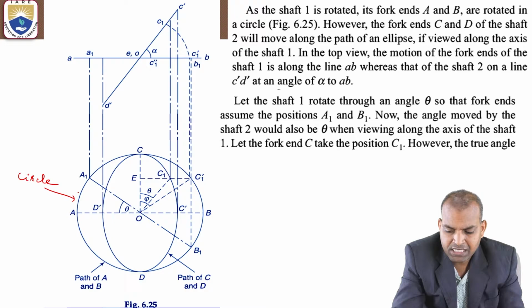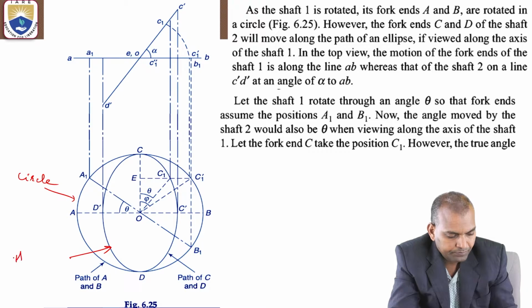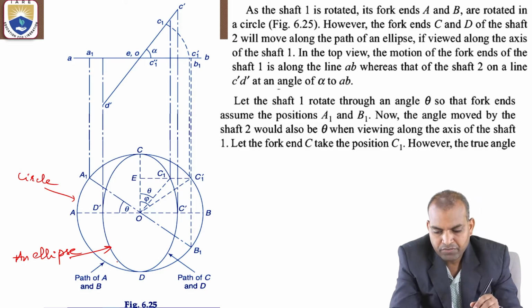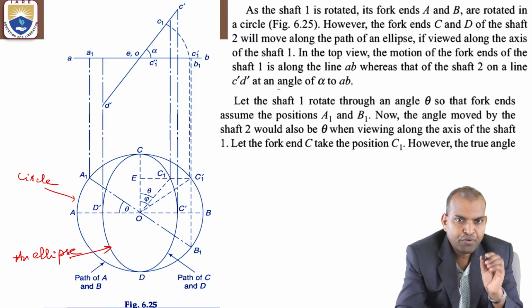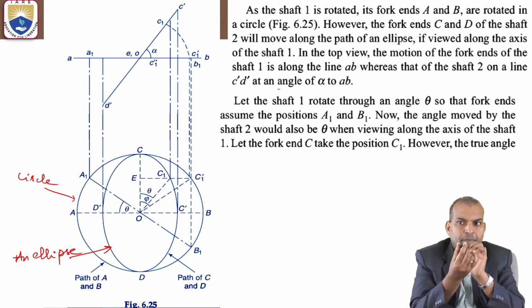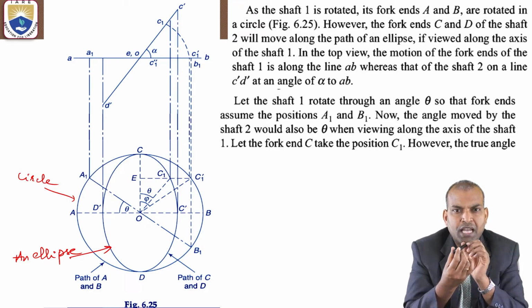And the fork ends C and D of shaft 2 will move along the path of an ellipse, if viewed along the axis of shaft 1. If you view along shaft 1, you get the true shape of the circle, whereas for shaft 2 it is an ellipse.